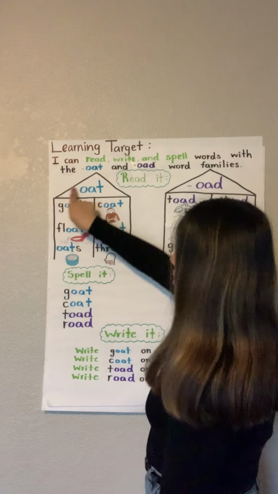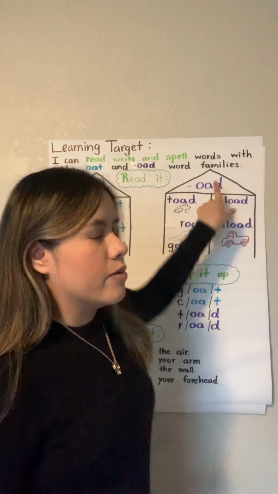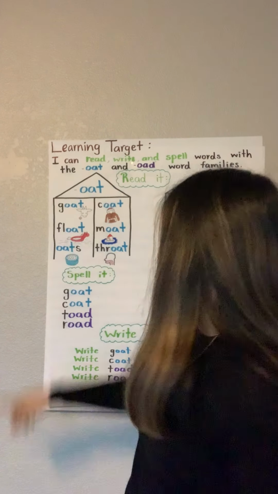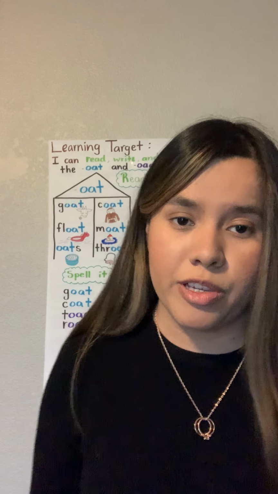You're going to write me 2 words from each family. 2 words from the oat family and 2 words from the other family. So let's say that you want to write me goat. So you take out your handy dandy Play-Doh, right? You grab your Play-Doh, and first you start with the first letter. What's the first letter for goat, boys and girls?